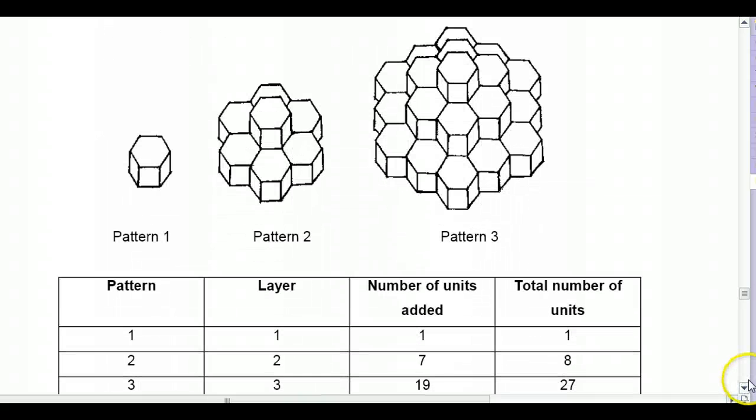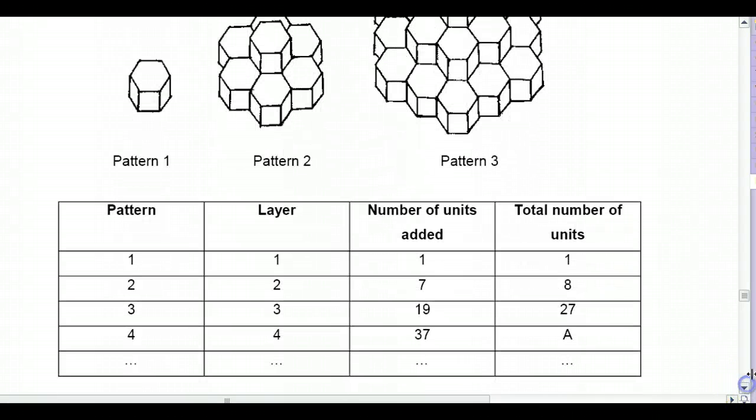Study the pattern. Pattern 1, I have 1 layer. Number of units added is 1. Total number is 1. For pattern 2, added 7 units, right? It is at the bottom, so it's 1, 2, 3, 4, 5, 6, 7 units.